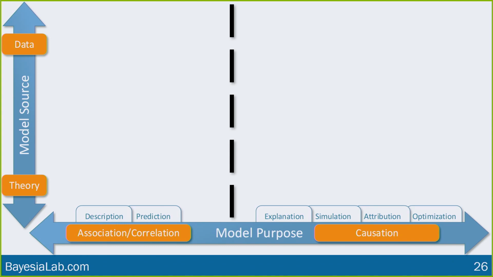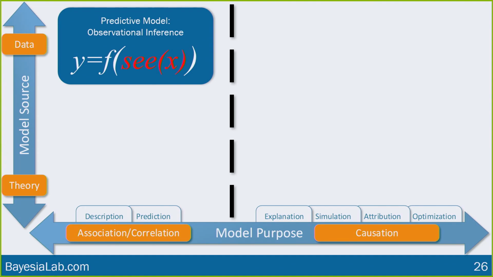Models can just be generated from data without having any theoretical knowledge, or alternatively, models can be built based on theory in terms of how we are specifying them and thinking about how the world works, and we can encode that in a functional form or a structural equation model or something like that. Now, if we position the concept of predictive models onto this map, then I would argue this belongs in the upper left-hand corner.